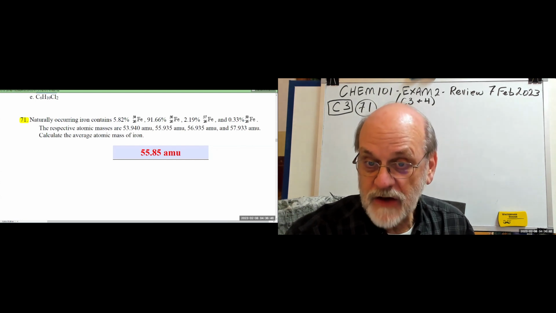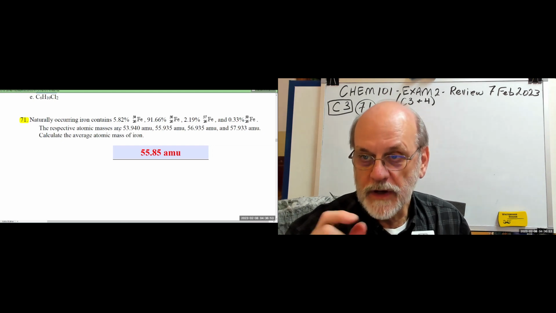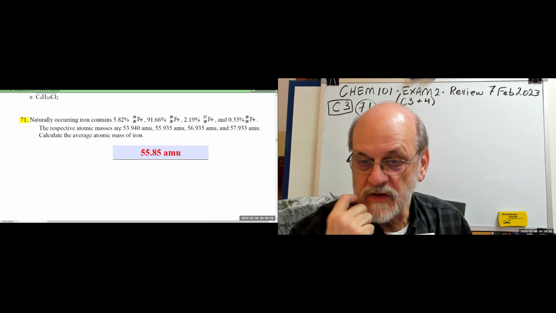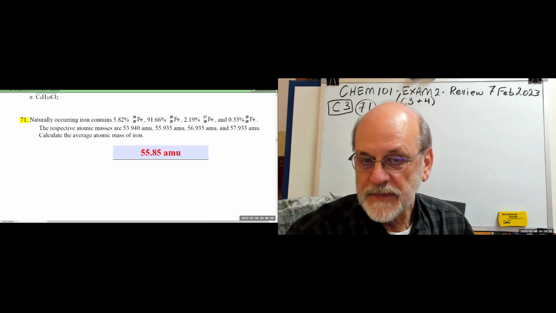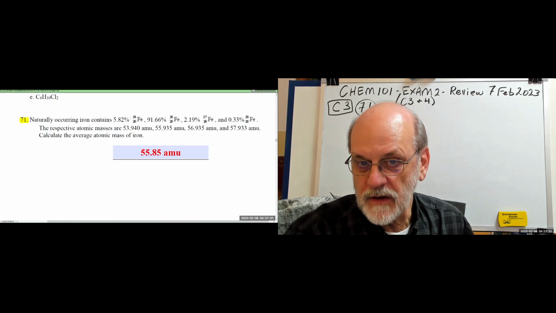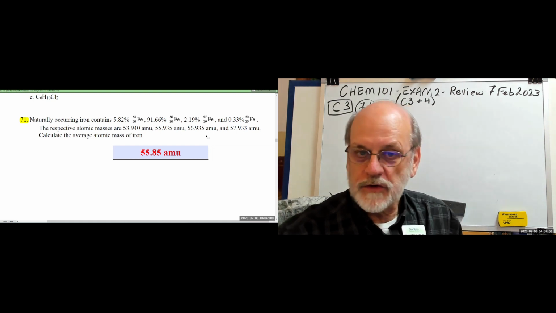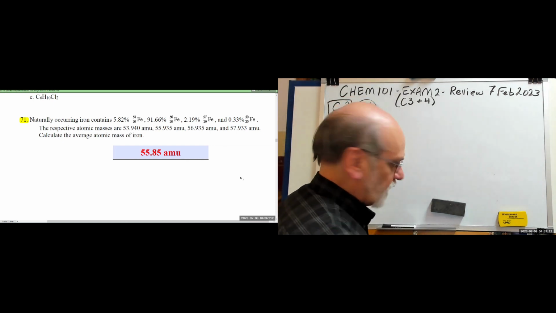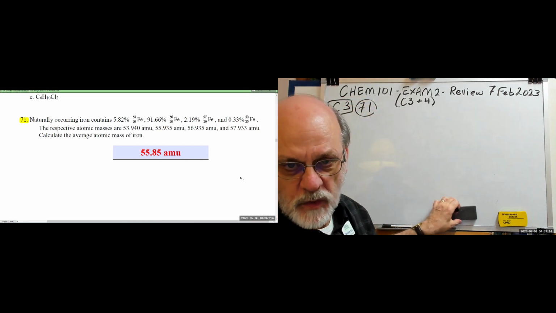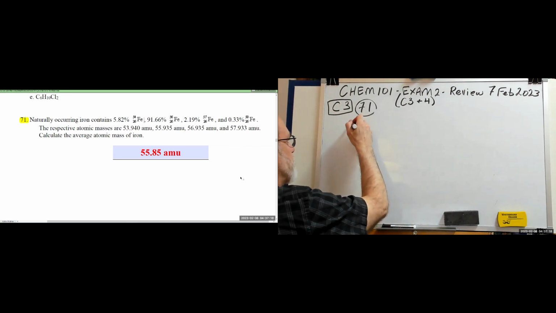And this one actually gives the atomic masses for each of the individual isotopes. These are actual values, right? So instead of using the whole number values up here, we'll use the actual values. So in order to do a weighted average, now we have, let's see, the first one is 53.940.